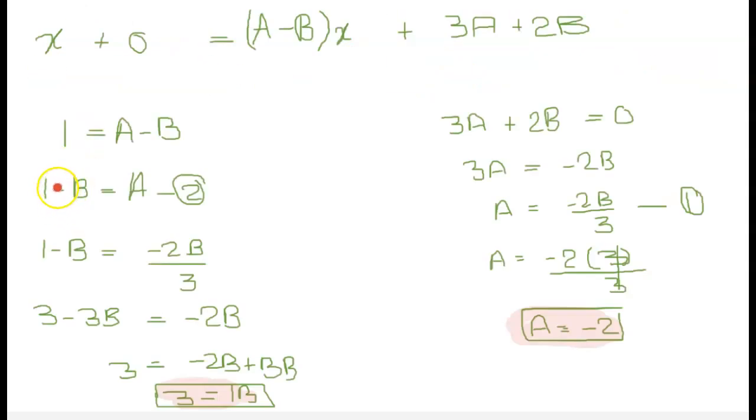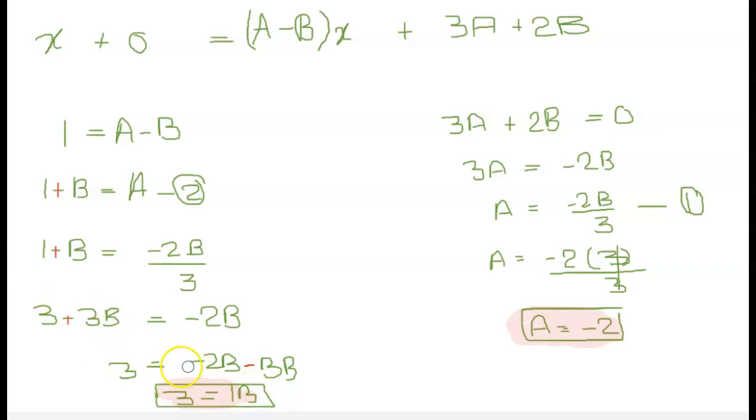Okay, I've just realized, thank you for pointing it out, this is a plus B because the minus B becomes a plus B. So that will be a plus B, and then here it is going to be minus 3b. So that's going to be a minus 5b, isn't it?